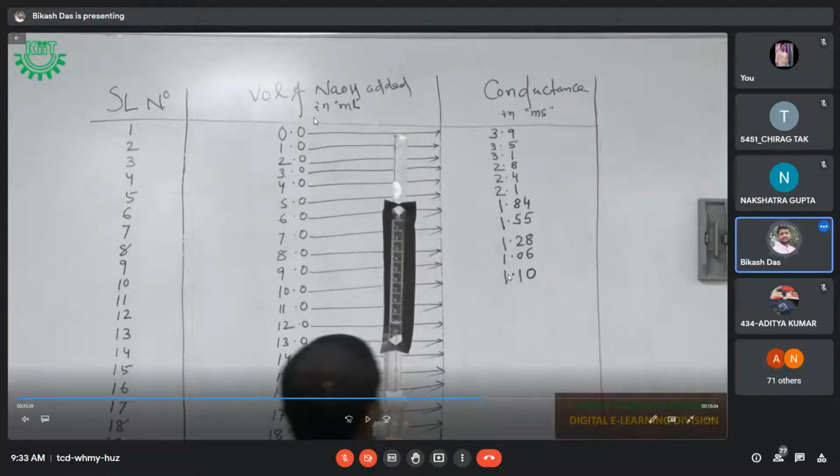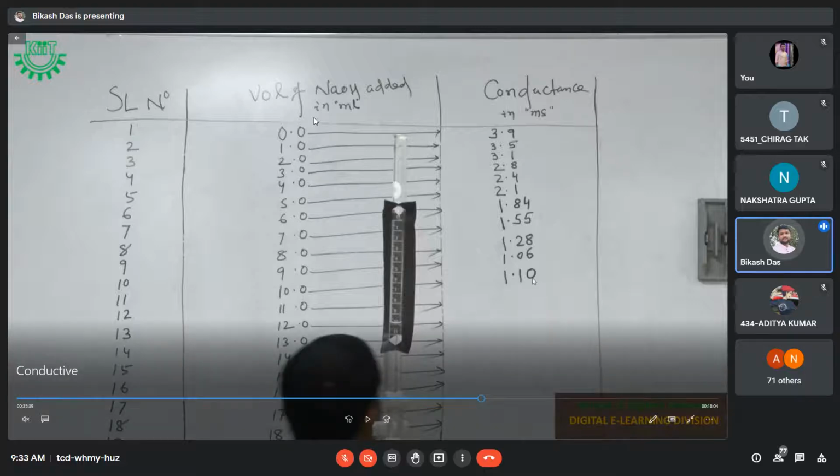Then, due to unavailability of free H+ ions, conductance will start increasing due to OH- ions. So in ours it started increasing at 10. The minimum conductance point should be our end point. From the readings you can see the minimum conductance is 1.06, but you got 1.06 after 1.28.